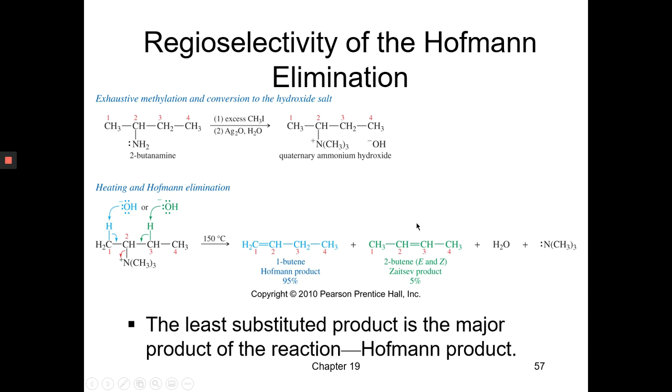Last semester we talked about the Zaitsev product, Zaitsev's rule, which says that the more substituted alkene is favored. Now with the Hoffman elimination, it's actually the less substituted alkene which is favored. So 1-butene is produced in 95% yield, whereas 2-butene is only produced in 5%.